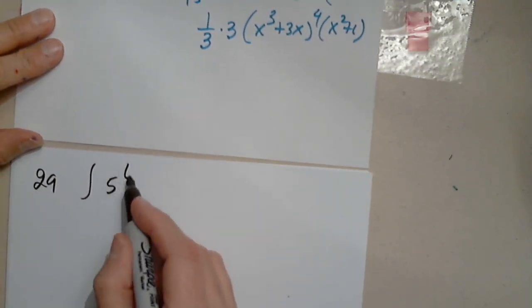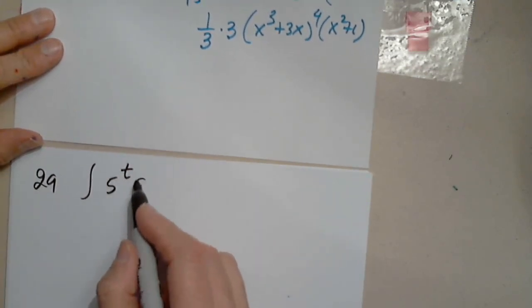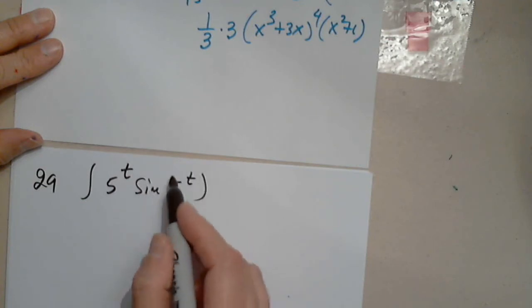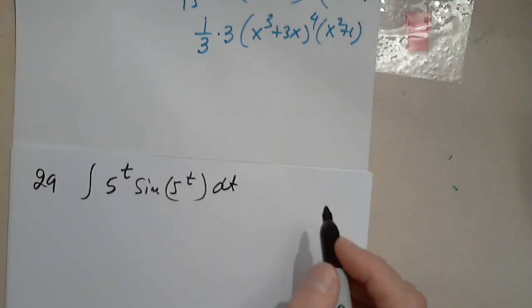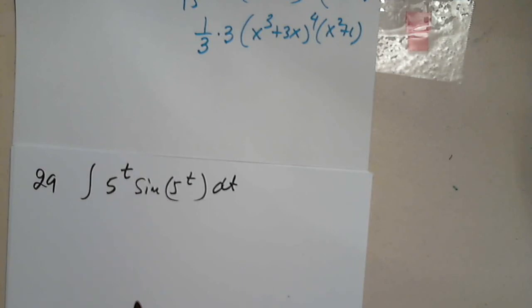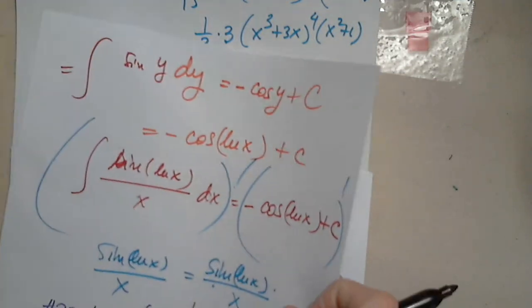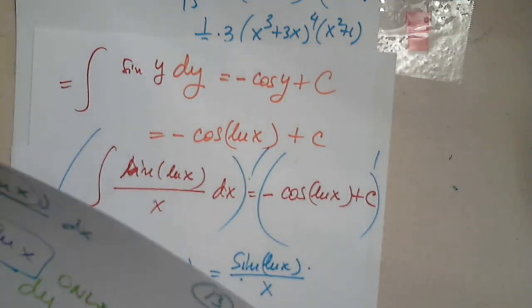29 caught my eye as the integral of 5 to the t power times sine of 5 to the t dt. I lost my count here, like 15 minutes ago.